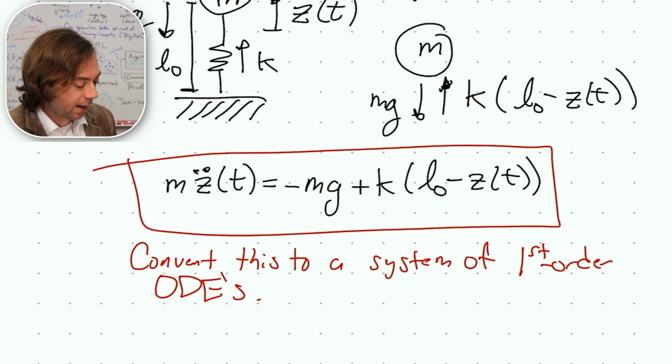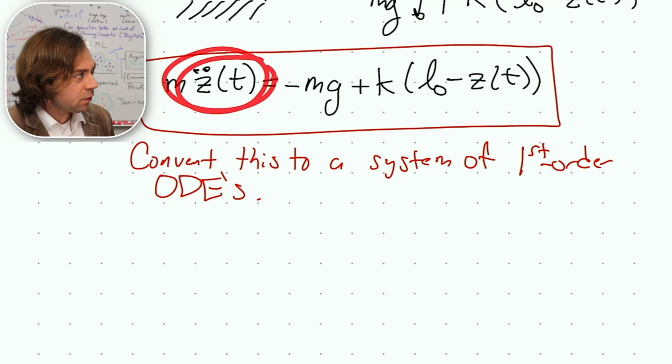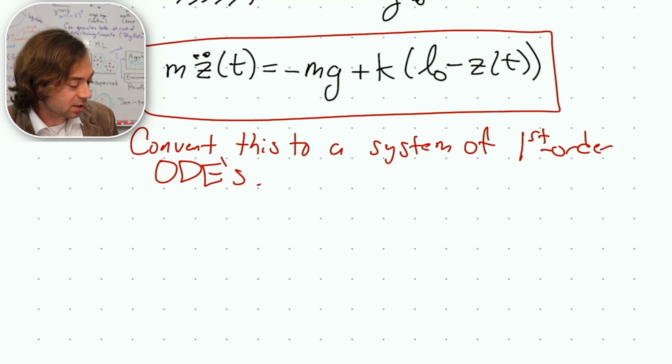Now, how do we do that? Well, instead of just caring about one variable that we're taking two derivatives of, let's create two variables that we take one derivative of. Then we have two first order differential equations.